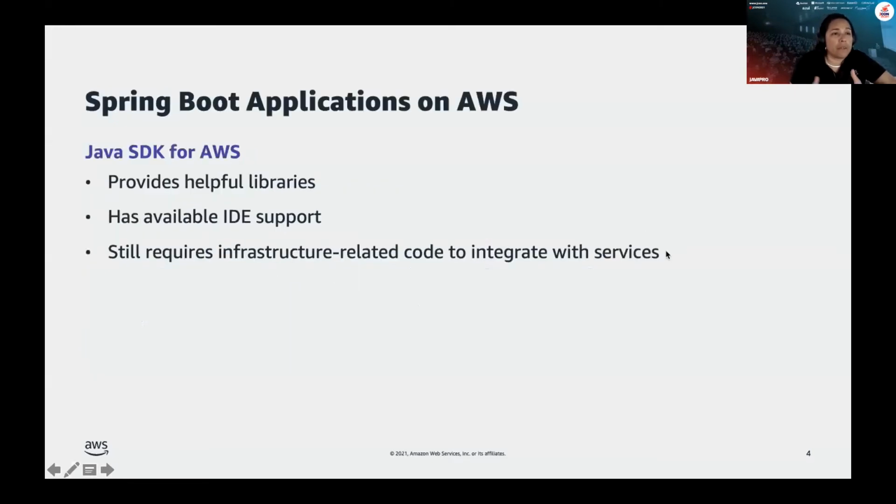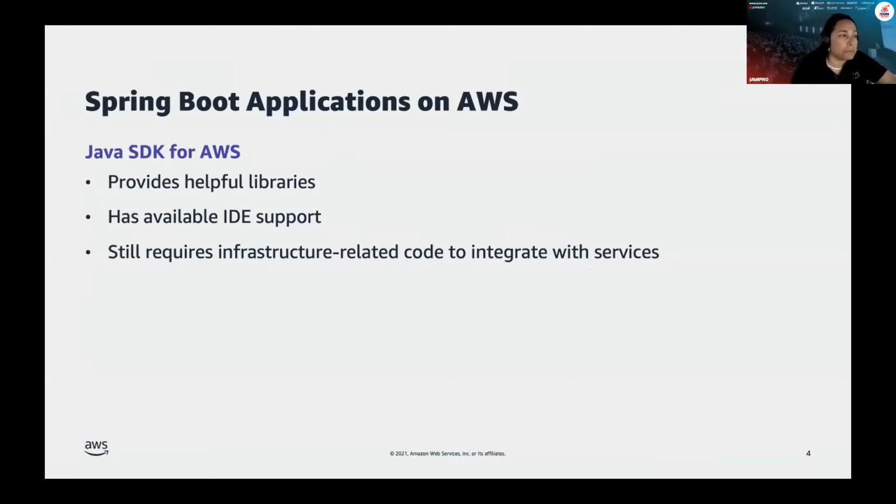If we think about how we integrate AWS services into our general Java applications, we typically do this through the AWS-provided Java SDK. You can, for example, reference it from Maven Central, import the bill of materials, and then start adding the modules or dependencies for the services that you want to work with.